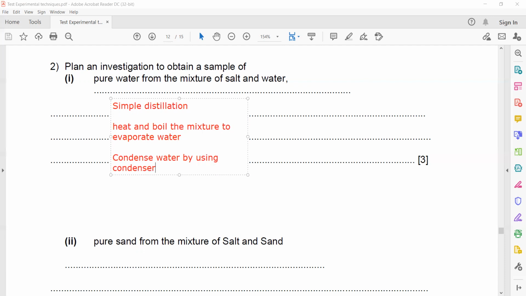So basically we are using simple distillation. We will heat, the water will evaporate, and then the vapors of the water are condensed by using a condenser.